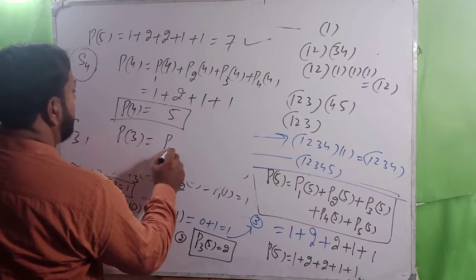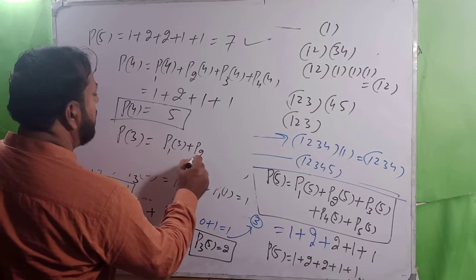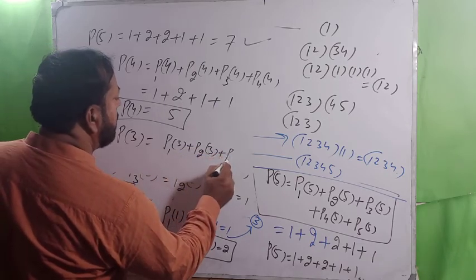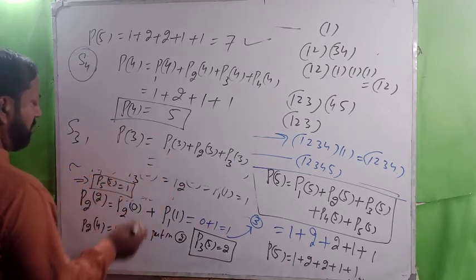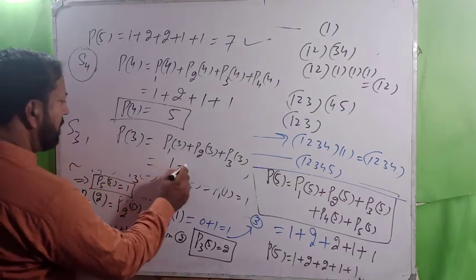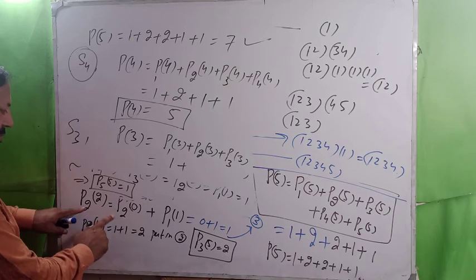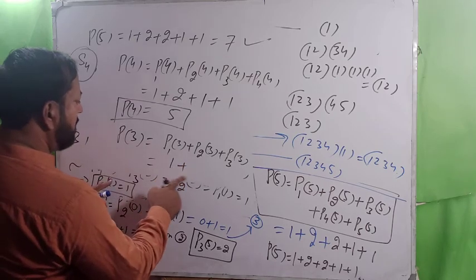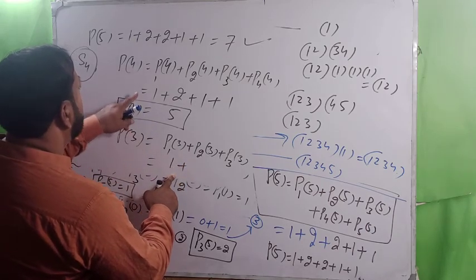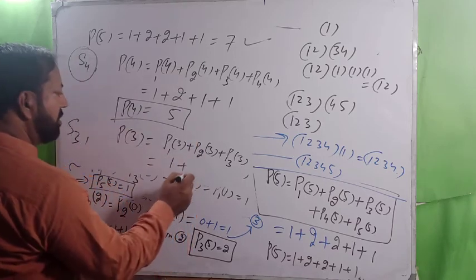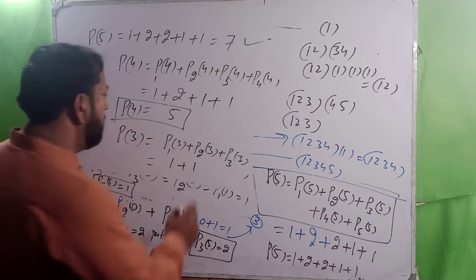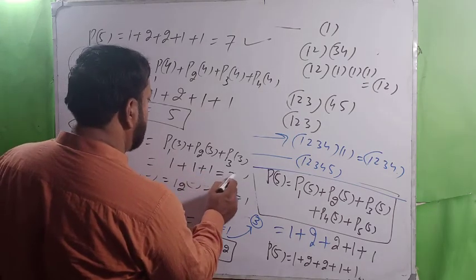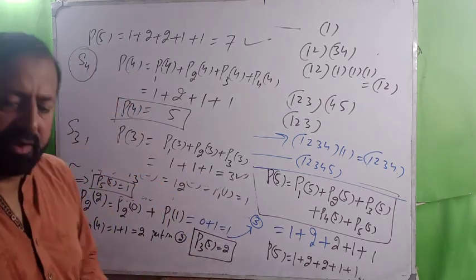This is P13 plus P23 plus P33. You know, we have calculated P13. This is P13 is 1. And what is P23? You have calculated P23. P23 is equal to 1. Yes, we found it here somewhere. So this is equal to 1. So these are 3. So there are 3 classes for S3.